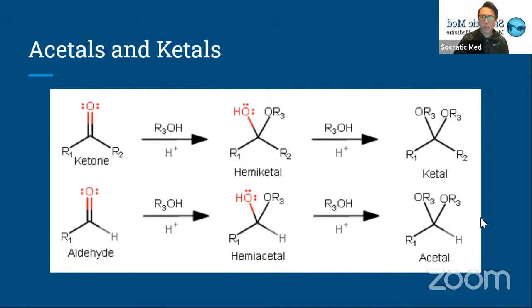And it can be one step if a diol is used. So instead of a molecule with only one hydroxyl group attached to it, a molecule with two hydroxyl groups, a diol, would complete this reaction in one step.